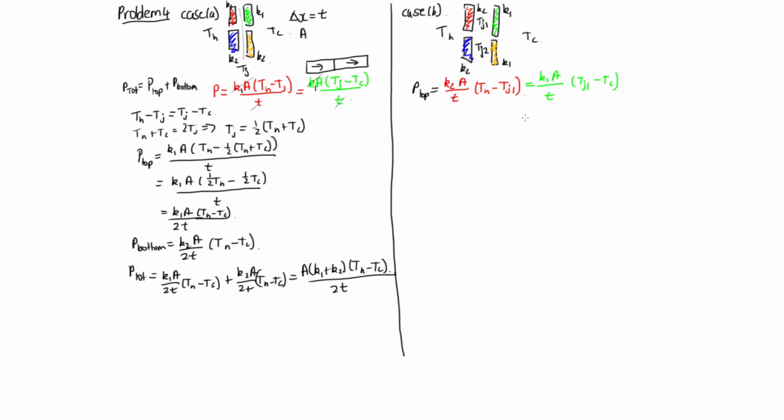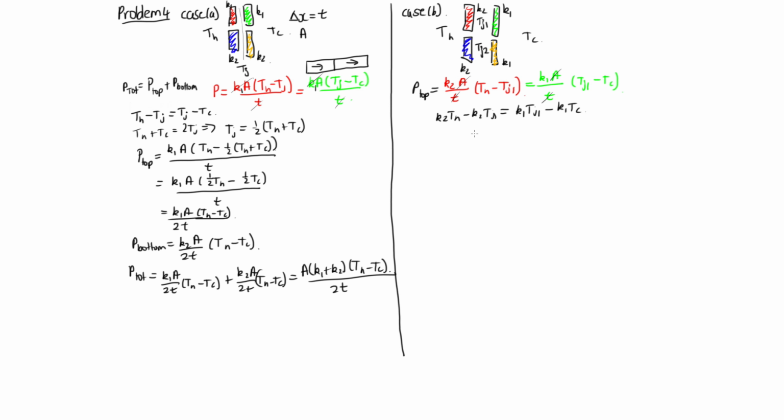Okay, so like we did before, let's solve this to work out the junction temperature, Tj1. So the A's and the T's will cancel each other out, and we'll end up with K2Th minus K2Tj1 is equal to K1Tj1 minus K1Tc.